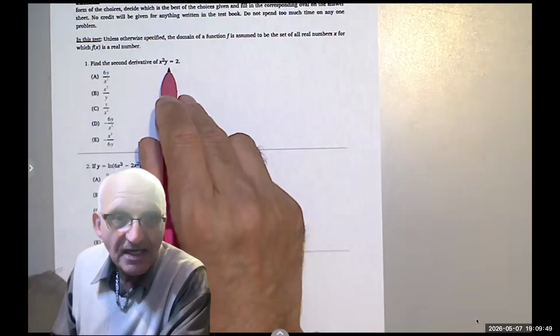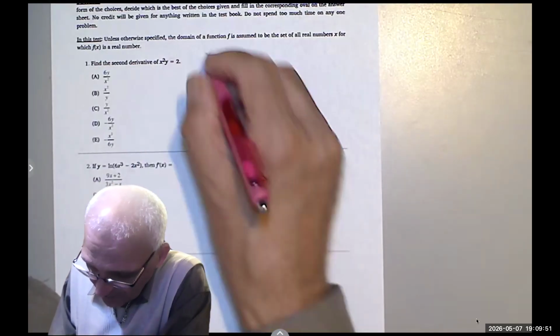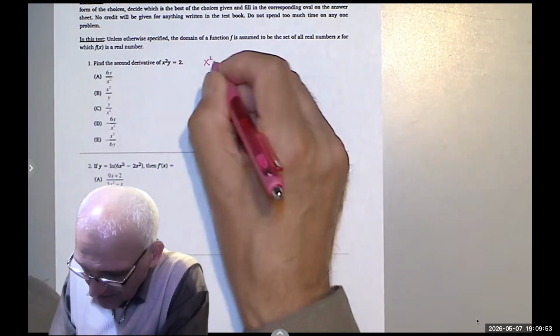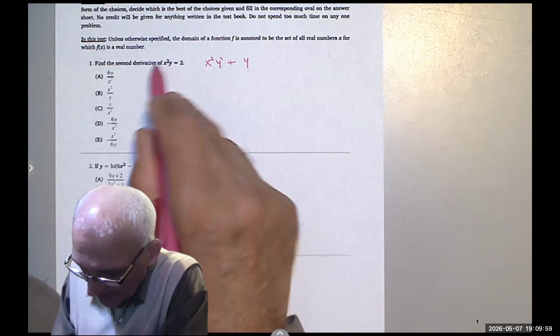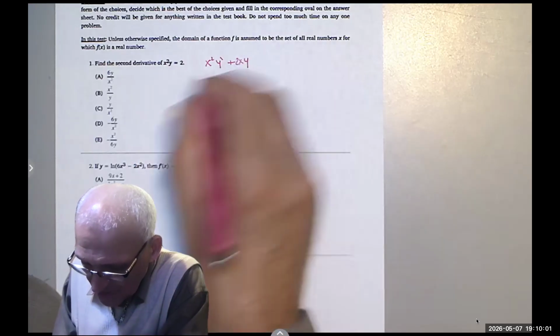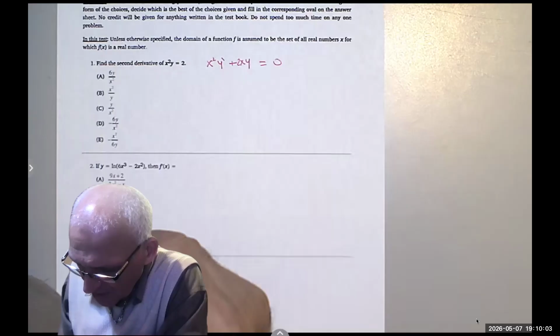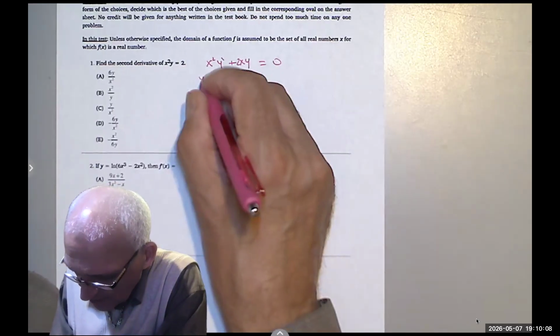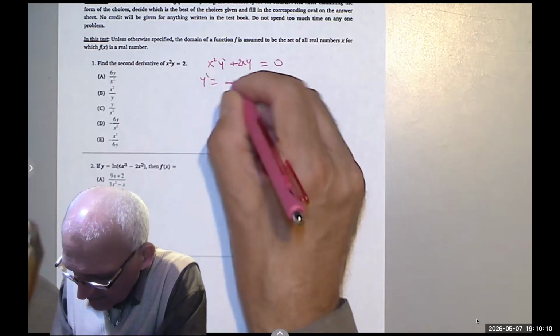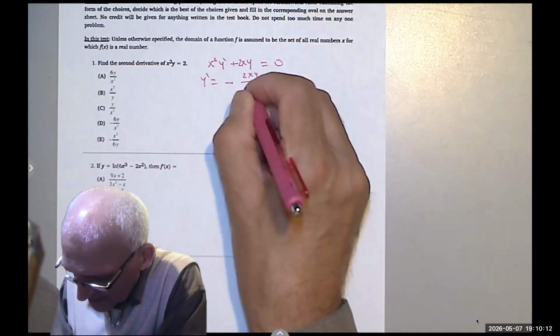The left-hand side is a product, so you take the first, which is x squared, times the derivative of the second, plus the second, which is y, times the derivative of the first, which is 2x. And of course, the derivative of 2 is 0.